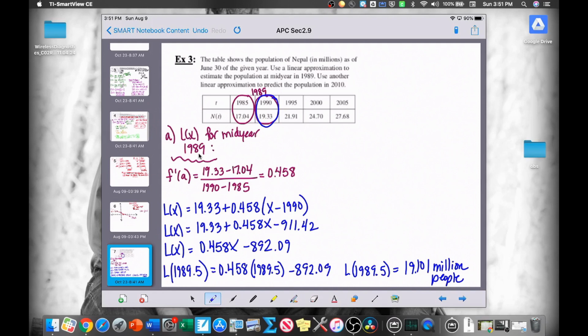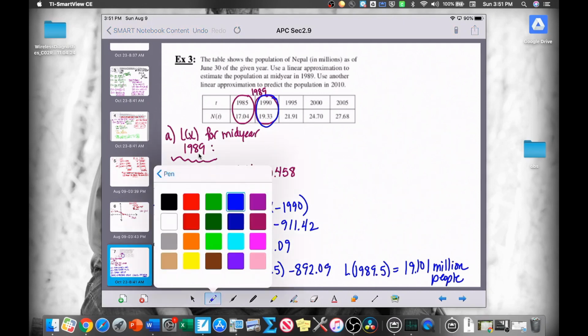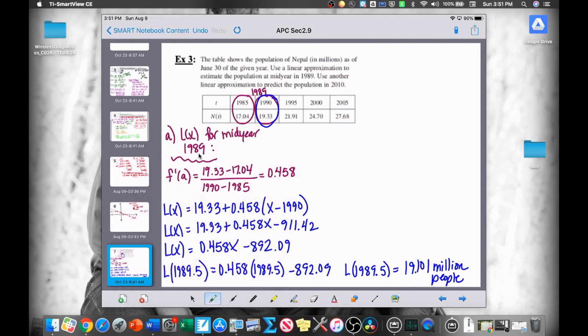All right, now our part B, they want us to just repeat this process, but now they want us to do it for the year 2010. Well, this is an interesting question to ask us to do because if we look at our data set, 2010 is out here, right? It is beyond the last bit of information that we have.